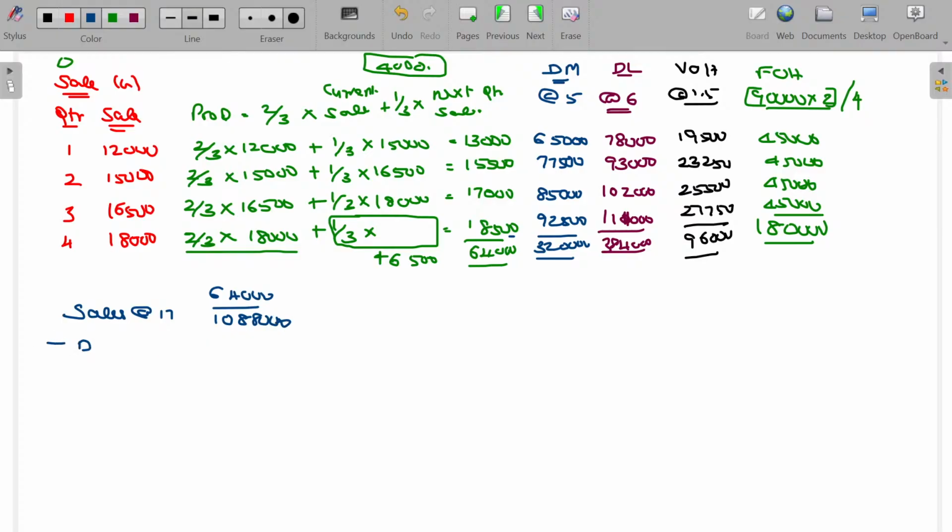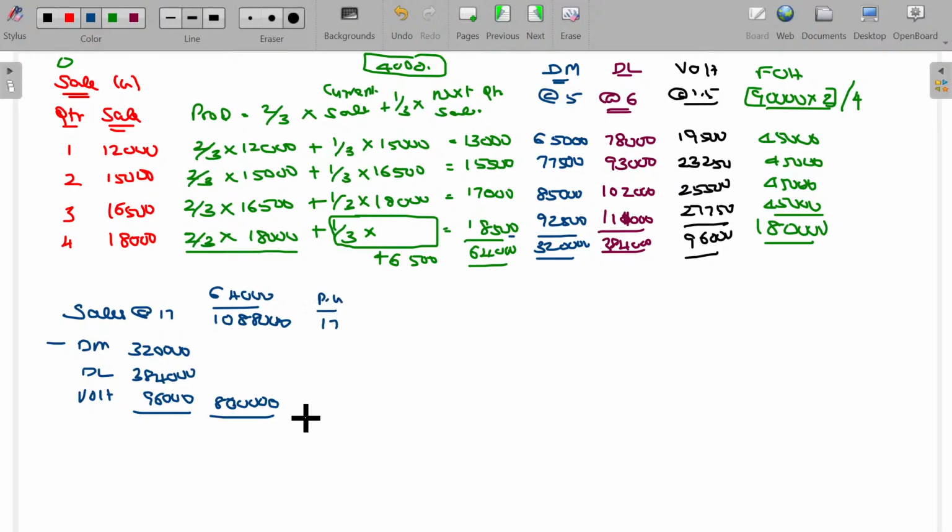Minus direct material 3,20,000, direct labor 3,84,000, variable overhead 96,000. What is the total variable cost? 8 lakhs. Now sales per unit being 17 rupees.